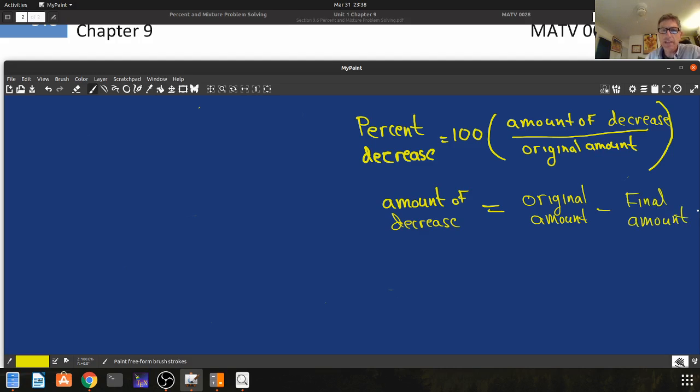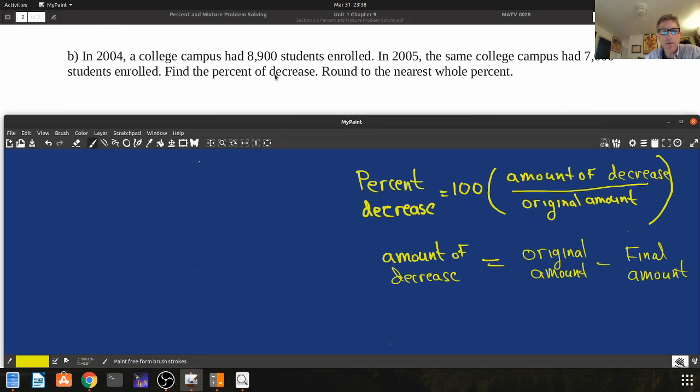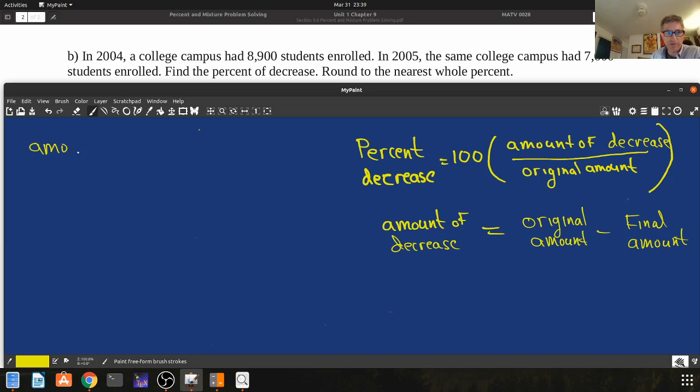So that said, let's actually look at the problem that we're asked to do that's going to use that. Here we go. It has to do with enrollment. So in 2004, a college campus had 8,900 students enrolled, and later on, the same college had 7,600 students enrolled. Find the percent of decrease. So we have to find the amount of decrease first.